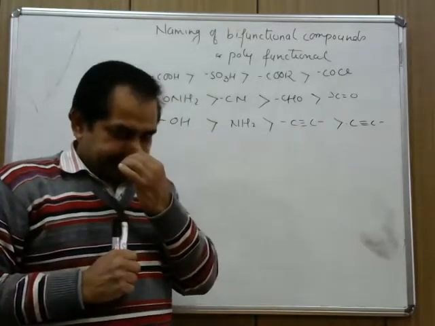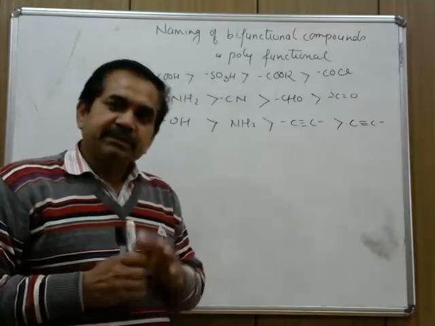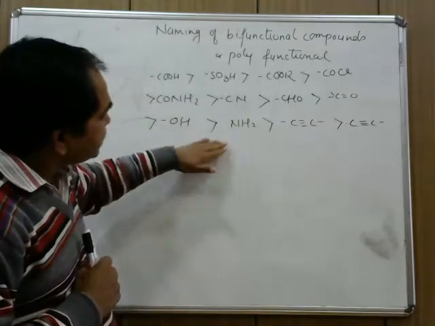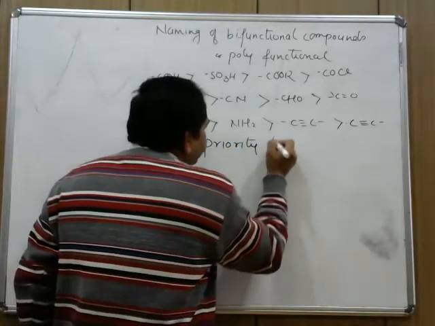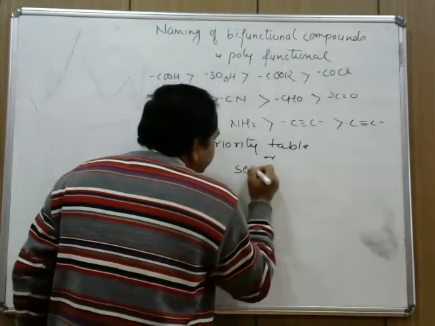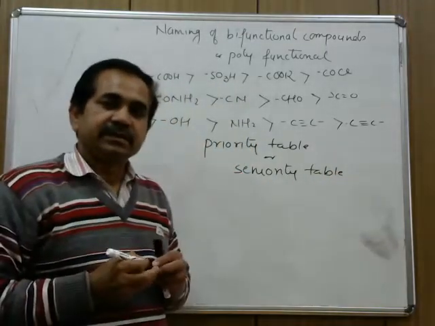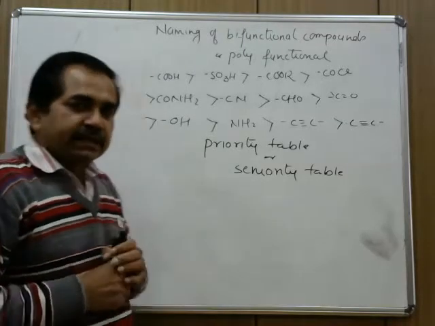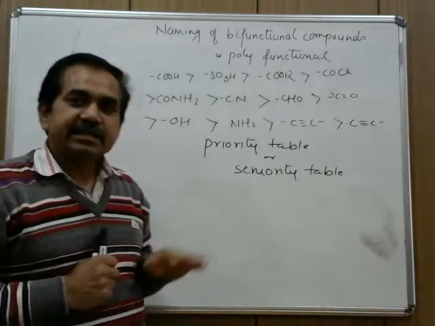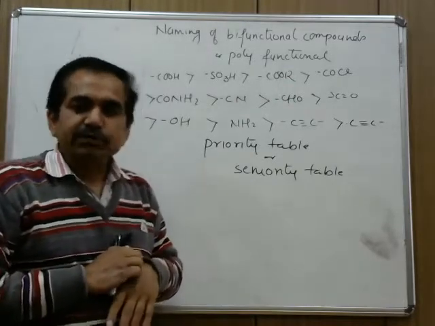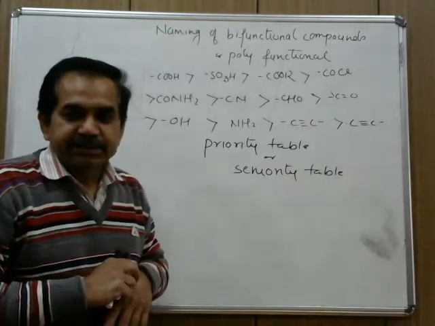So if two or more functional groups are present in a given compound, then in accordance with this priority table or seniority table, the group which has a higher priority is chosen as the principal functional group, and the remaining group or groups are treated as substituents.